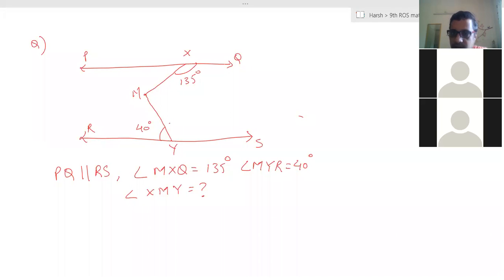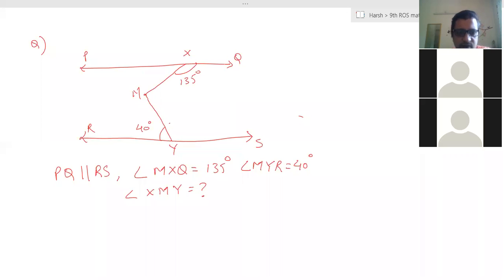Tarun, tell me your answer. 85 degrees. Anybody has any different answer? You can unmute yourself and tell me your different answer. So everyone has 85 degrees.